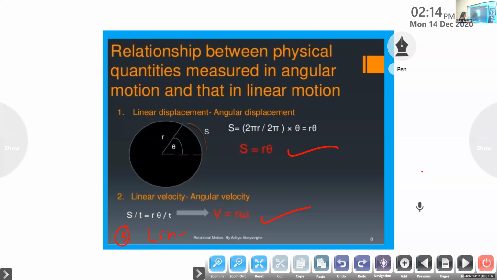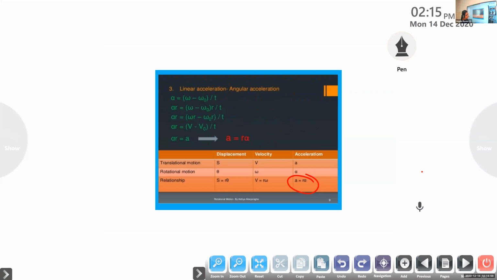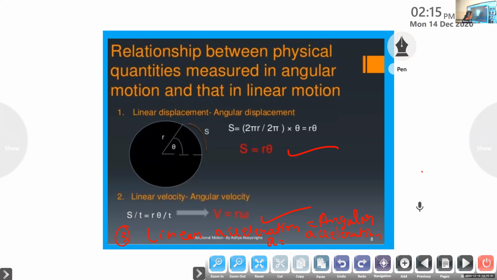You write linear acceleration versus angular acceleration. The relation between linear acceleration and angular acceleration is A is equal to R alpha.